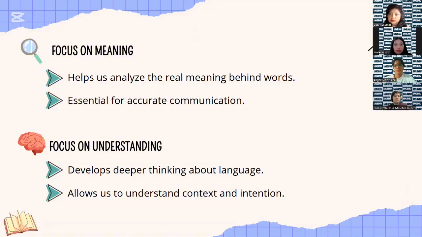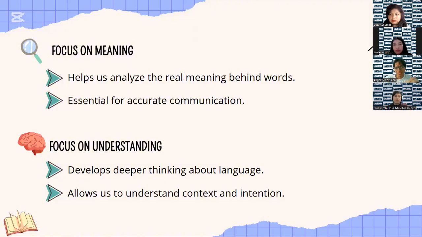Thanks to semantic analysis, machines get closer to how humans think and communicate. On social media too, semantics helps us get the joke, understand memes, and know when someone is being ironic. Without semantics, our digital conversations would feel flat and robotic.